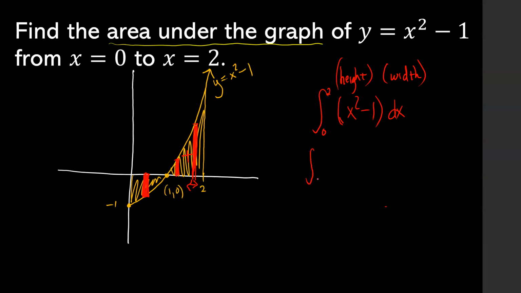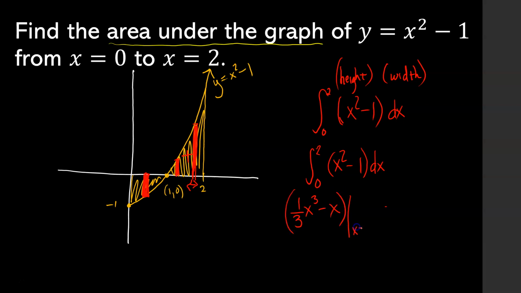So maybe we can clean that up. The integral from 0 to 2 of x squared minus 1 dx. And let's go ahead and evaluate that. The antiderivative of x squared is 1/3 x cubed. The antiderivative of 1 with respect to x is x.